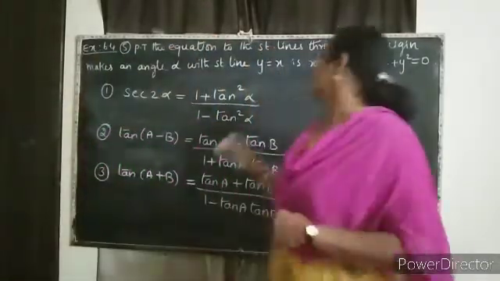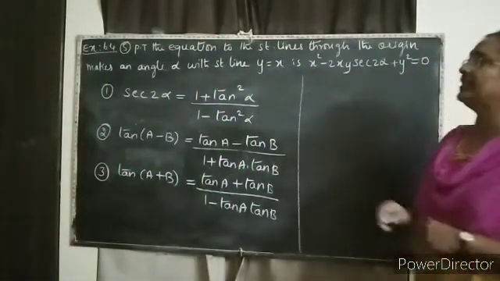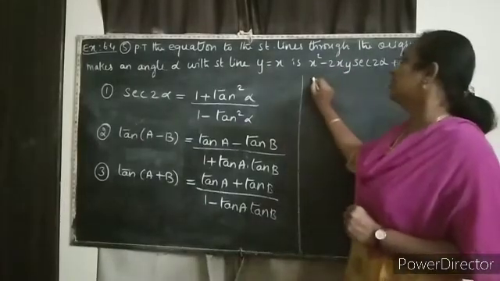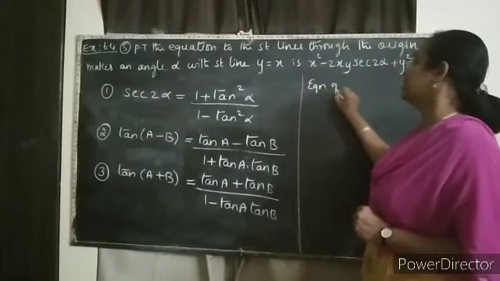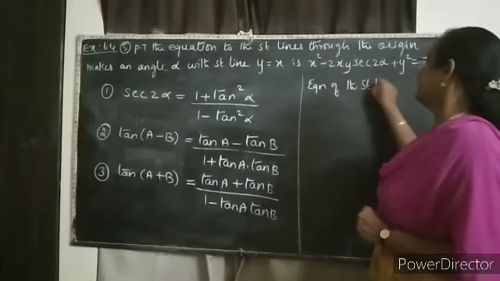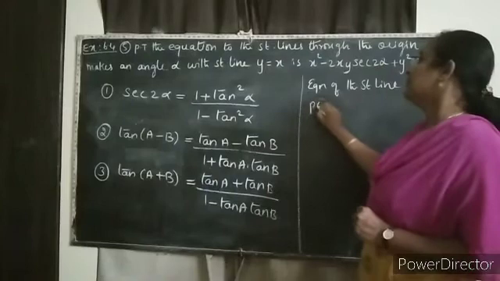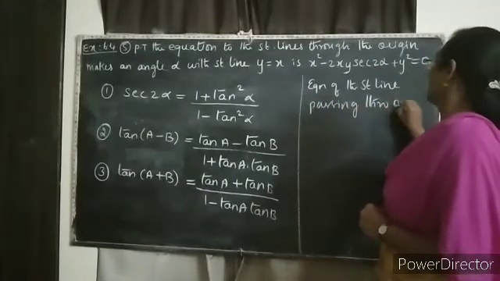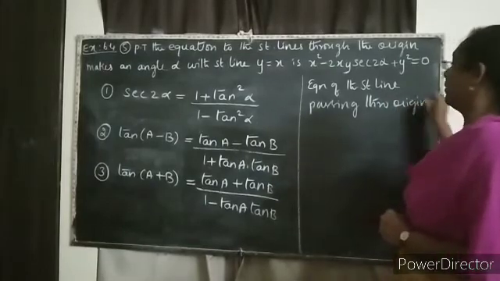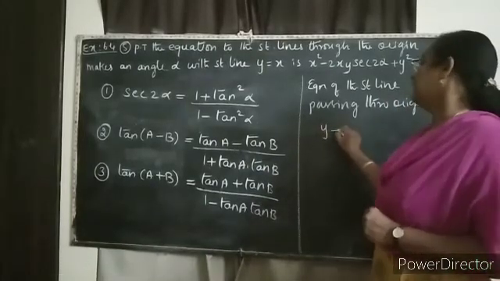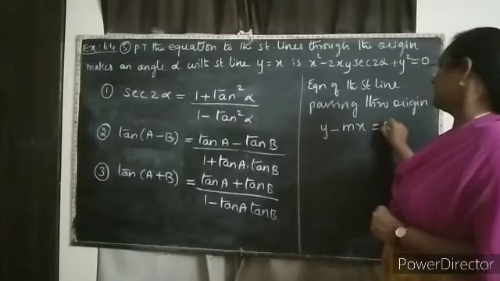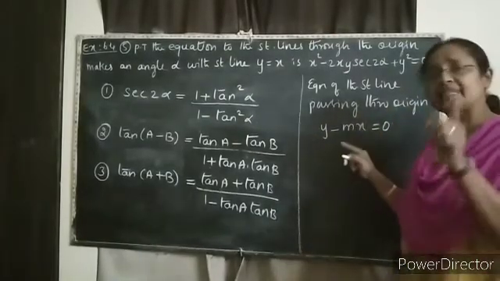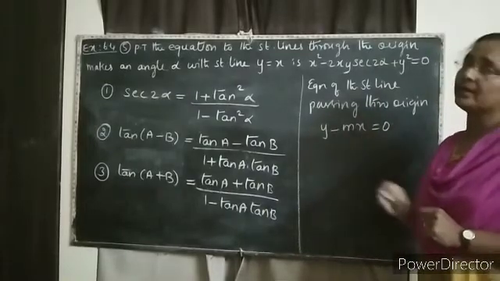Now, the other important thing, in order to prove this result, we have to memorize the equation of the straight line. The equation of the straight line passing through the origin is given by y minus mx equal to 0. So if it is a single line, it is y minus mx equal to 0.